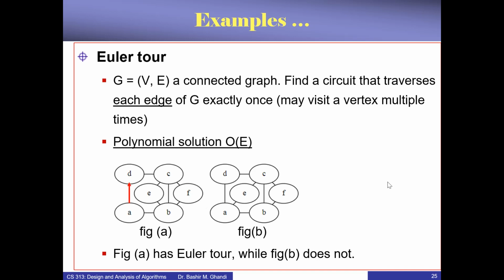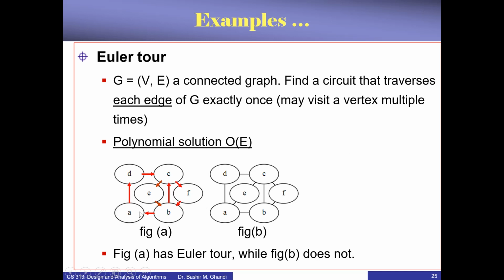Suppose you start from A, so we visit the edge AD and the edge DC, edge CE, edge EB, come back to C, so BEC. So you see in a circuit, we can repeat visiting a vertex, no issue. A cycle, of course, you cannot. So then we go to the edge CF, then the edge FB, and finally the edge BA.